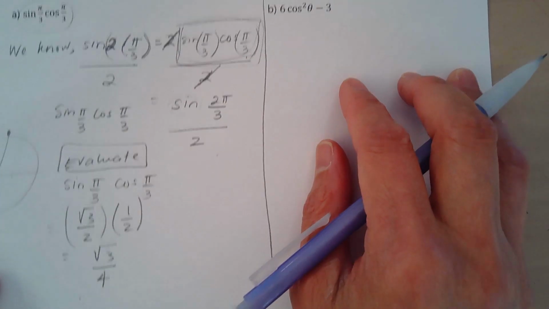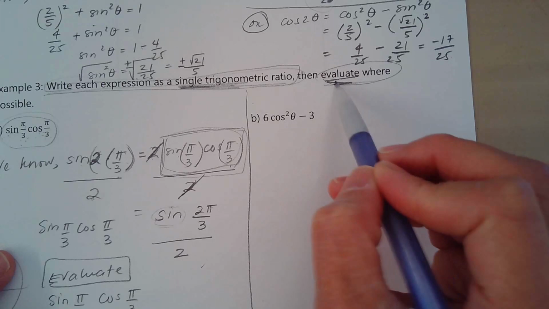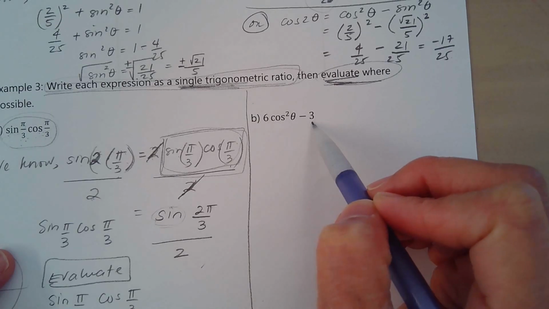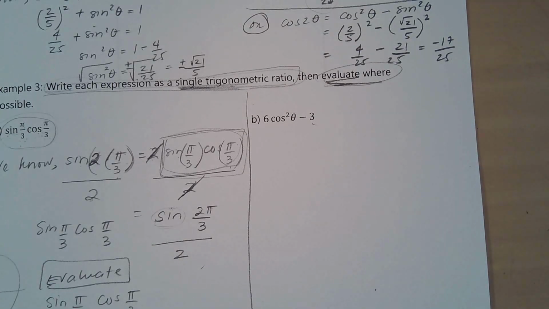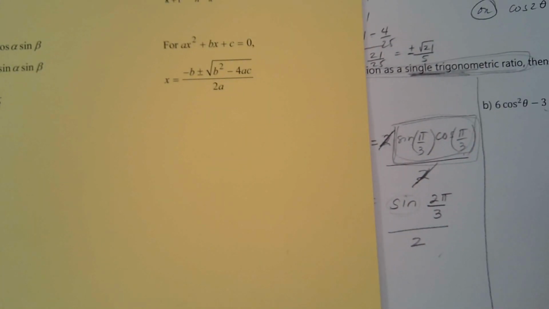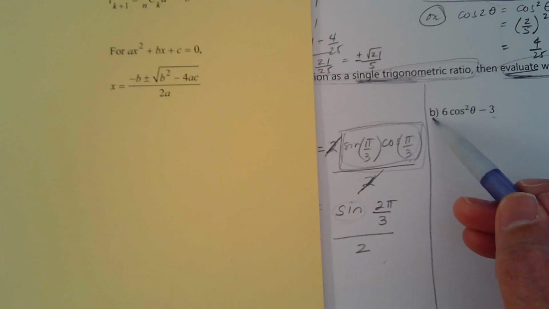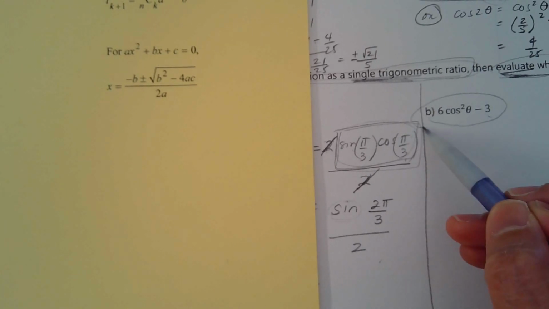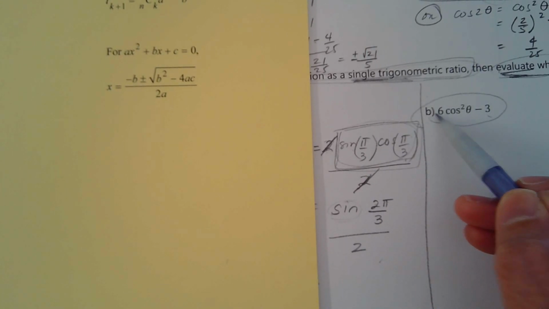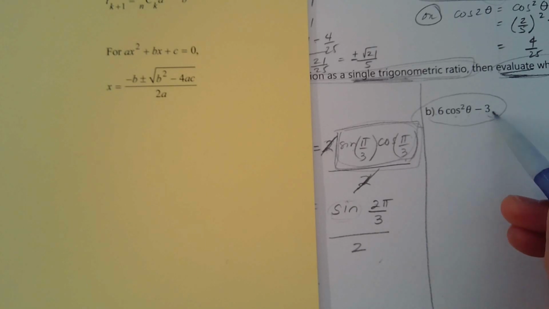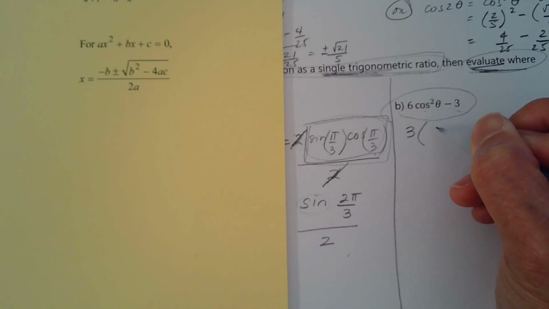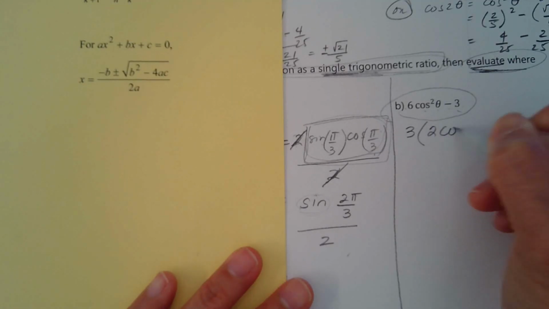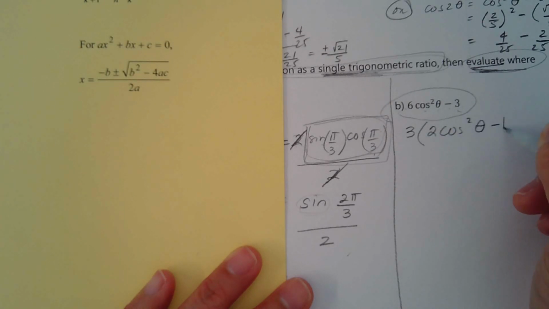Can we write this as a single trig ratio? If you look at this piece, this is going to be 6 cos squared theta minus 3. We can factor out a 3. So we're left with 2 cos squared theta minus 1.